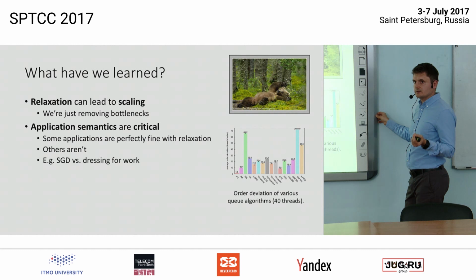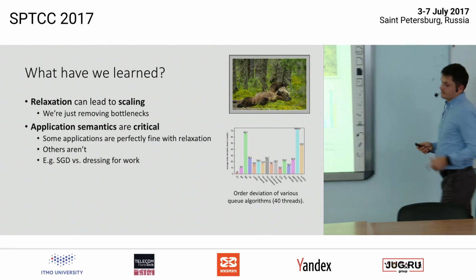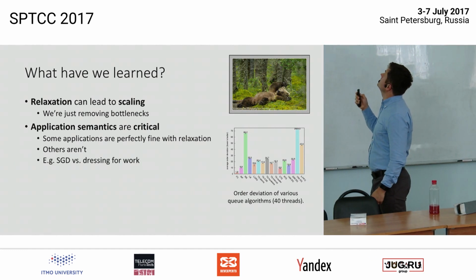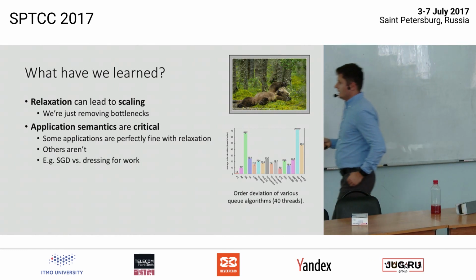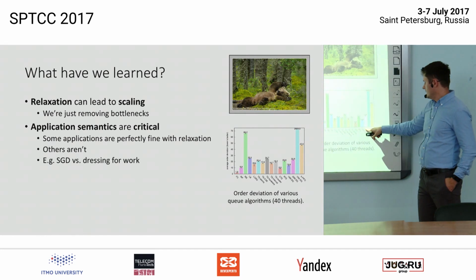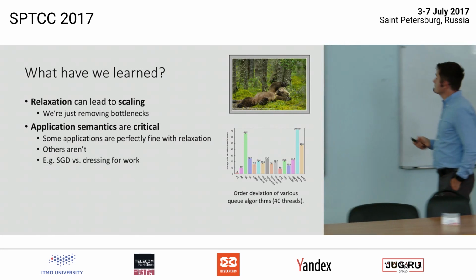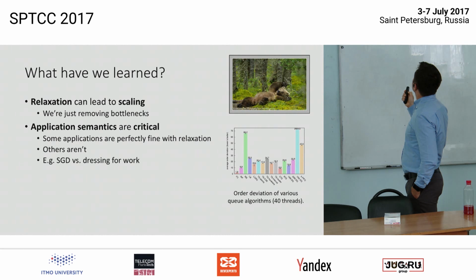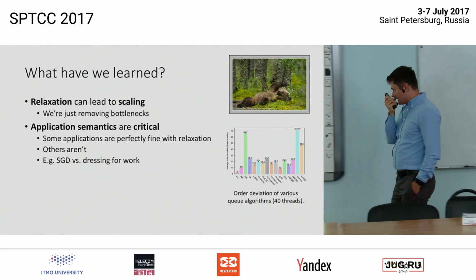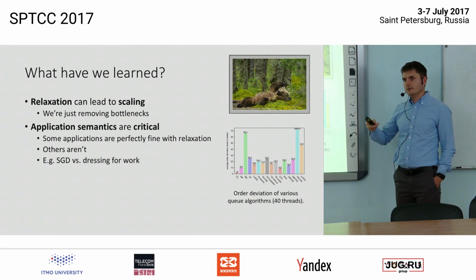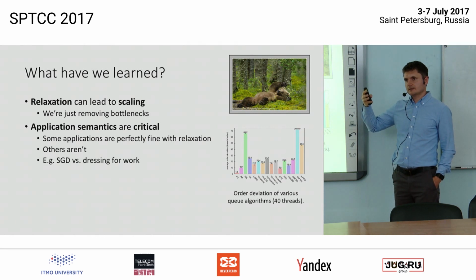Some of them relaxed, some of them not relaxed. The Michael Scott queue is in here, for instance, this green line here, and the two random choice queue is this thing over here. So this is basically the average inversion rate between when the tasks are actually performed in a queue implementation.